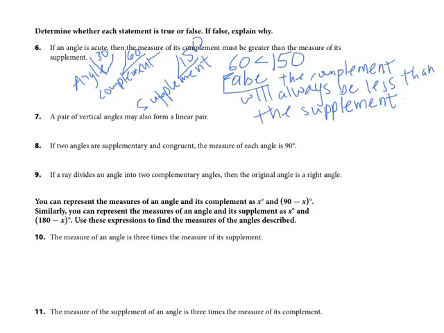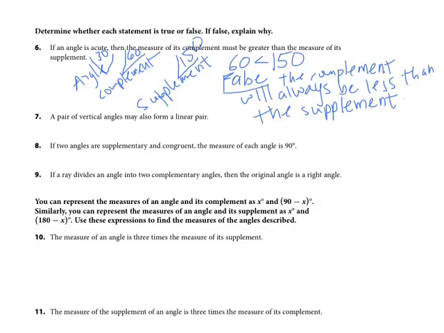Let's try number 10. You can represent the measures of an angle and its complement as x and 90 minus x. So x is the original angle and 90 minus x is the complement. Similarly, you can represent the measures of an angle and its supplement as x and 180 minus x, where x is the angle and 180 minus x is the supplement.